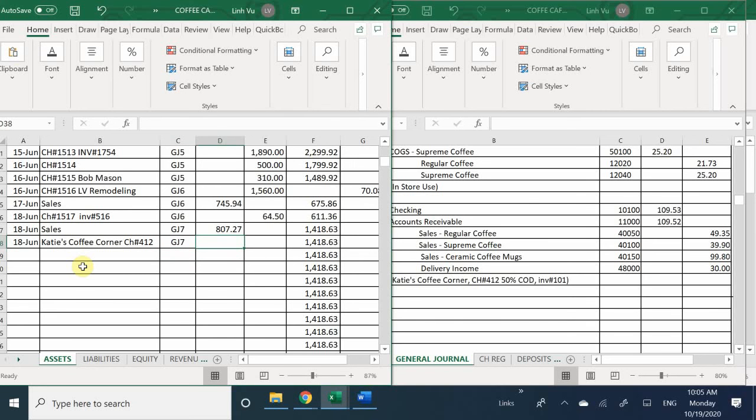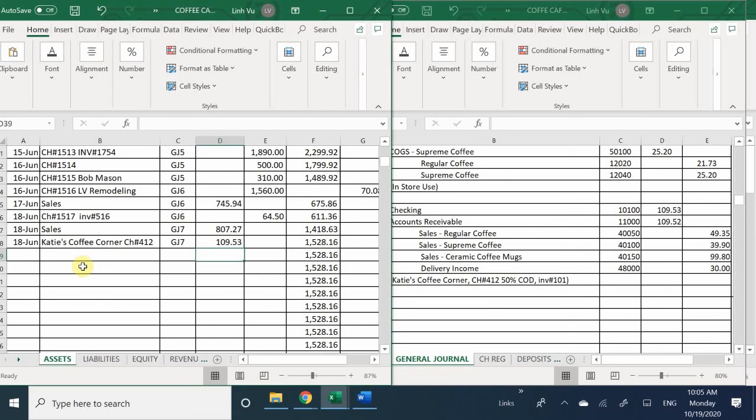And did we increase or decrease our account? We increased it by 109.53, bringing my new grand total to 1528.16. Okay.